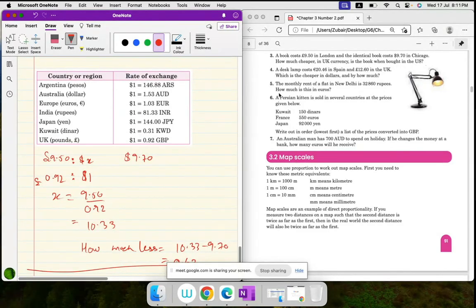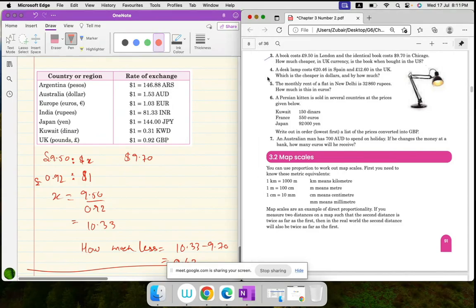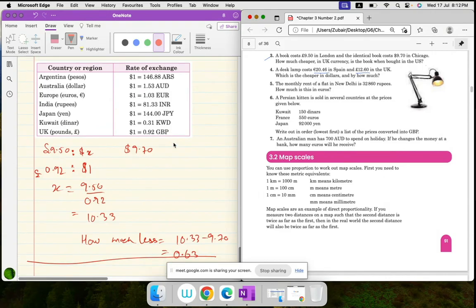Okay. Number 4 says a desk lamp costs 2.46 euros in Spain and 12.6 pounds in UK. Which is cheaper in dollars and by how much? Now we're converting both of them into dollars. Ali, convert euros into dollars. Haris, convert pounds into dollars.